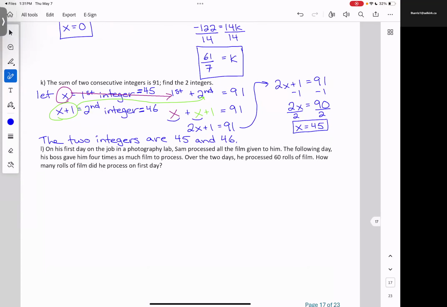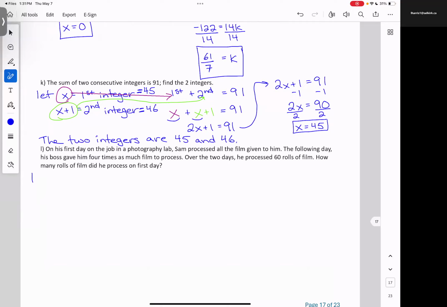Okay, last word problem. On his first day on the job, Sam processes all the film that's given to him. The following day, his boss gives him 4 times as much film to process. Over the 2 days, he's processed 60 rolls of film. We want to know how much he processed on the first day.